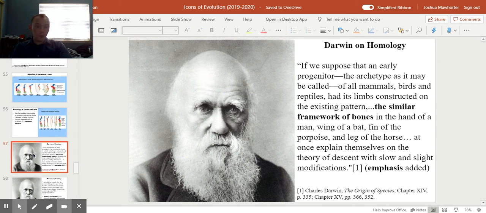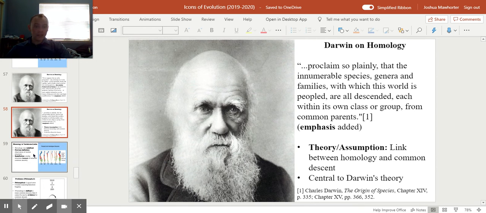But he pointed to, in Origin of Species, the similar framework of bones as evidence for his theory. He said that these similar structures proclaim so plainly that the innumerable species, genera, and families with which this world is peopled are all descended, each within its own class or group, from common parents.